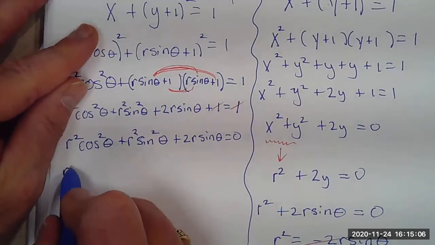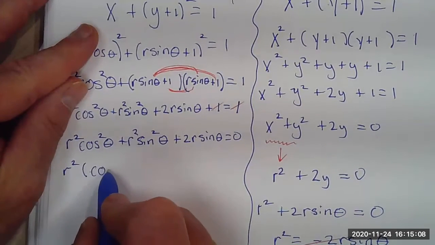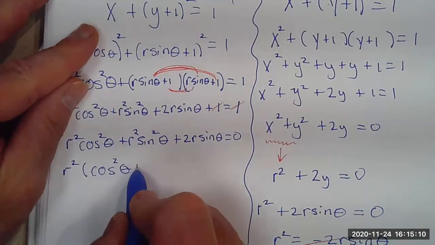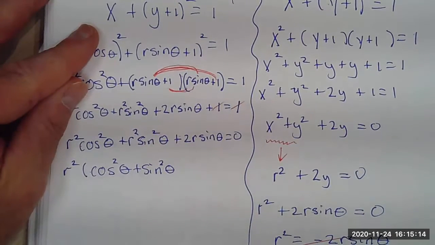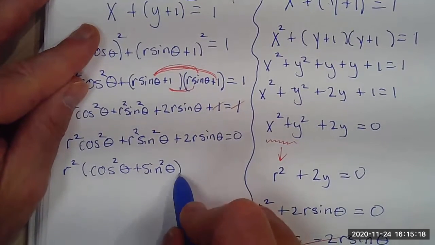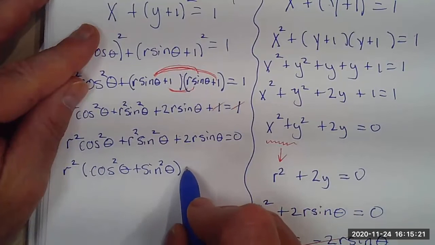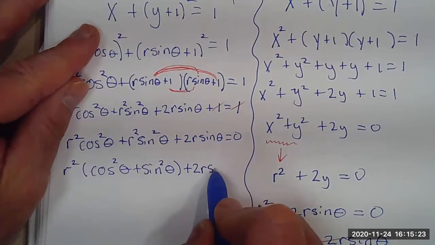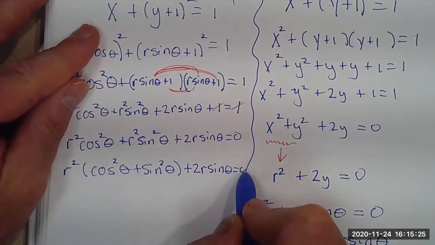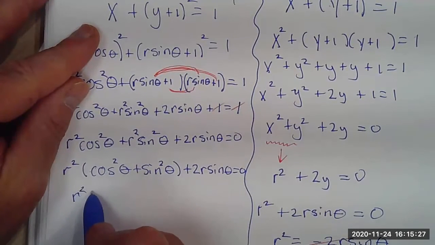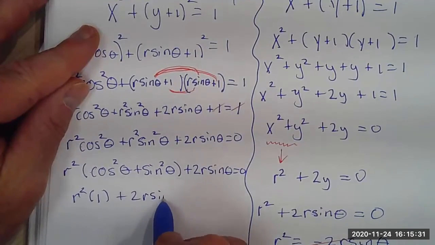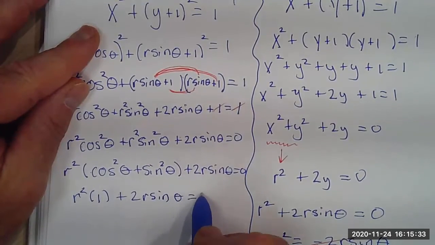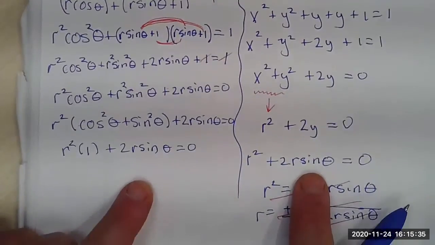Factor off the r squared, parentheses, cosine squared theta plus sine squared theta is the famous number 1 identity back in chapter 4. So that's going to be a substitution there. Okay, r squared times 1 plus 2r sine theta equals 0. That's the same thing as right here. Oh my gosh.